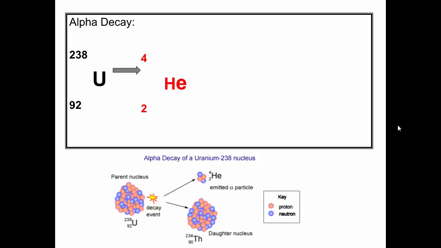Goes down by 4. This is the atomic mass, so it includes these 2 protons. And its new atomic mass becomes what? Is it uranium? What is it? Thorium. It is thorium.